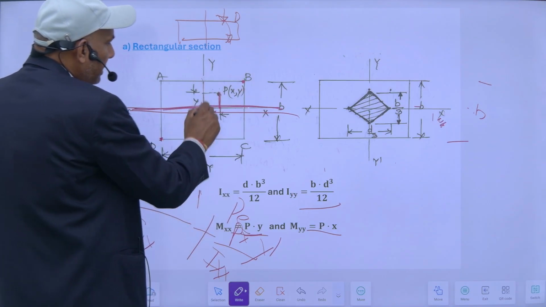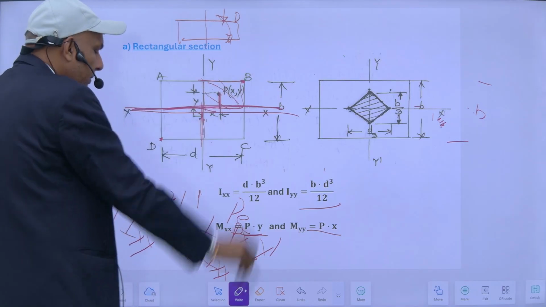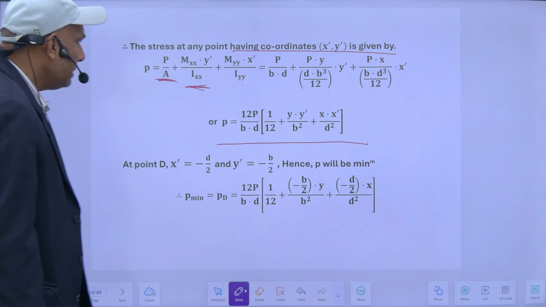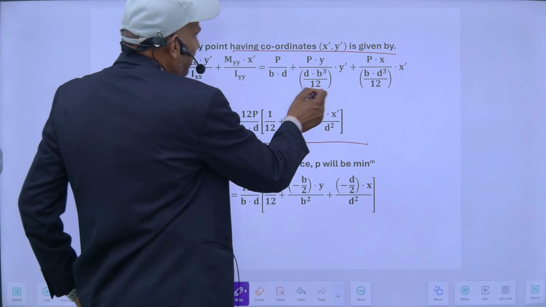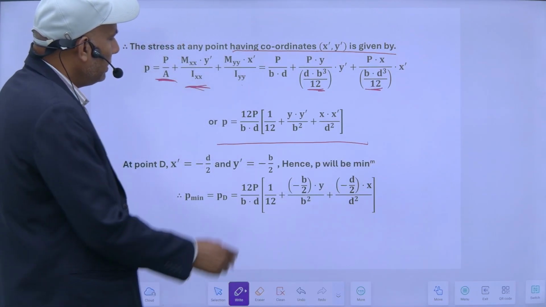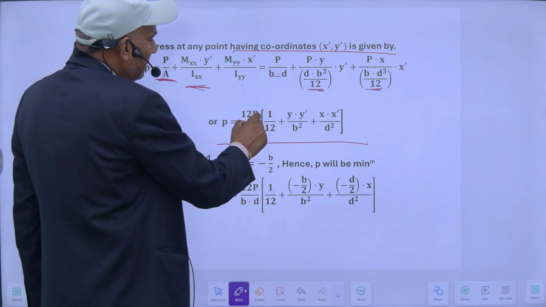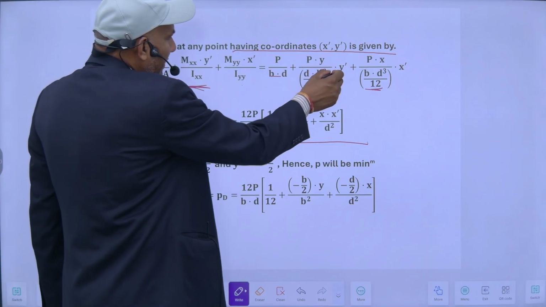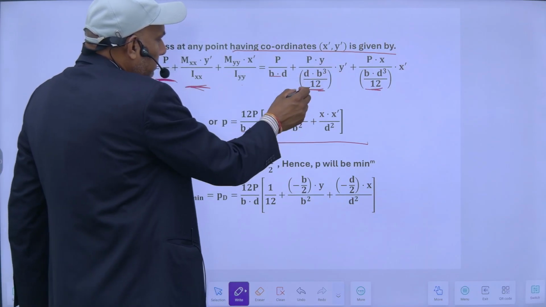So in this first coordinate it will be throughout positive. Its value will be like this, with the corresponding moment of inertia. If I take b d upon 12 common, it will be 1 upon 12 plus y dash upon this b square plus this one.